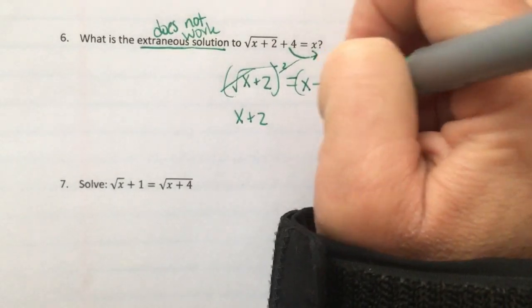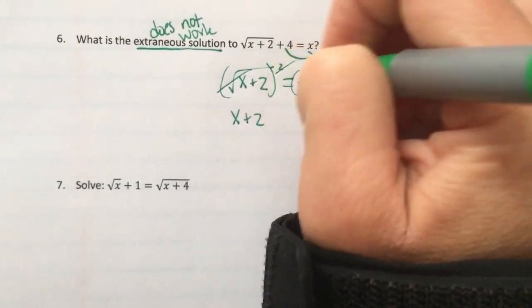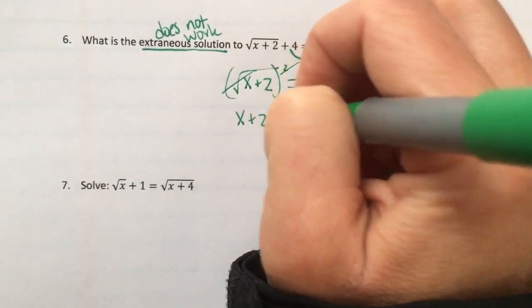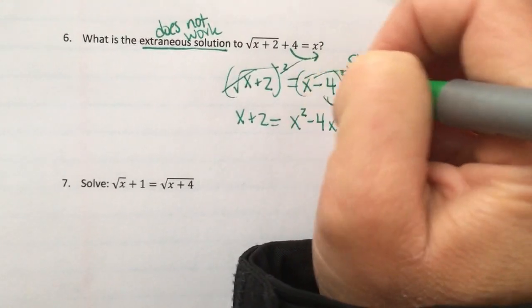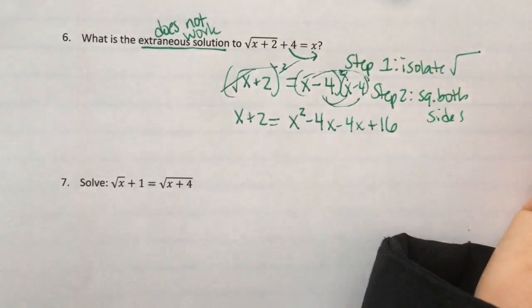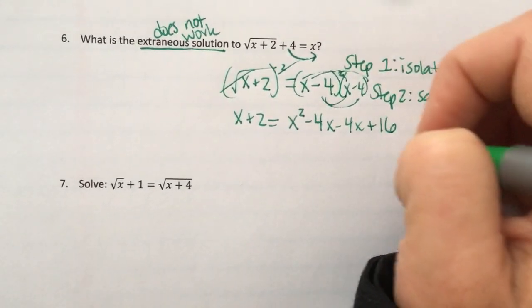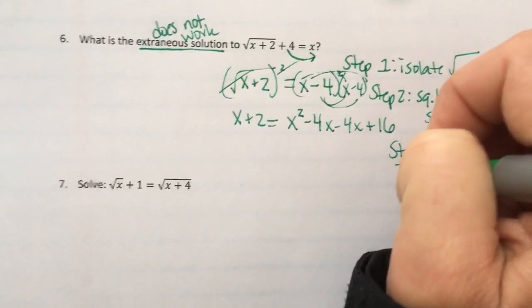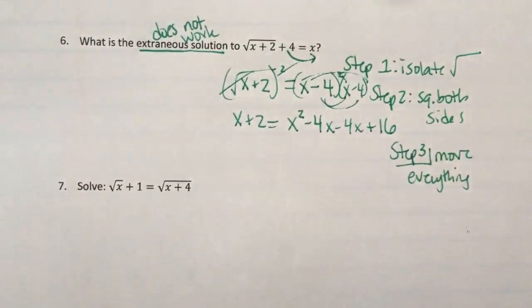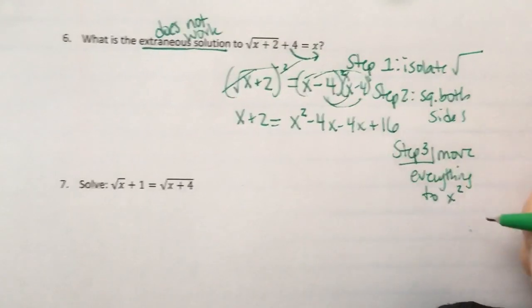Square root and the square cancel. And I need to write it twice and lobster claw. That gives me x squared minus 4x minus 4x. Negative 4 times negative 4 is positive 16. All right, and then step 3 is going to move everything to the x squared.